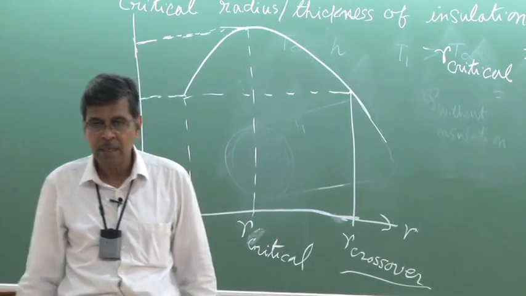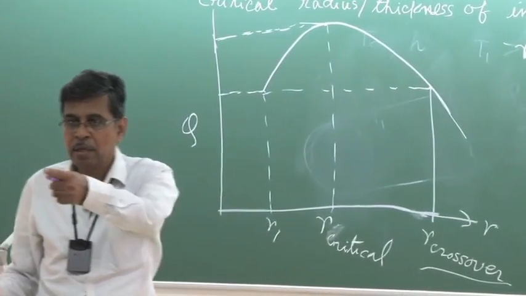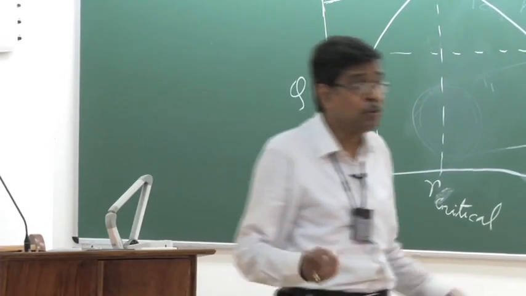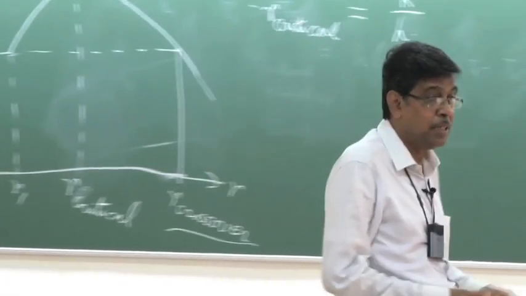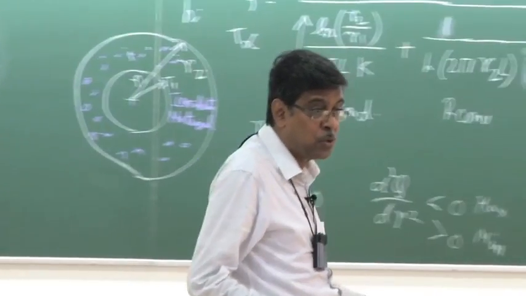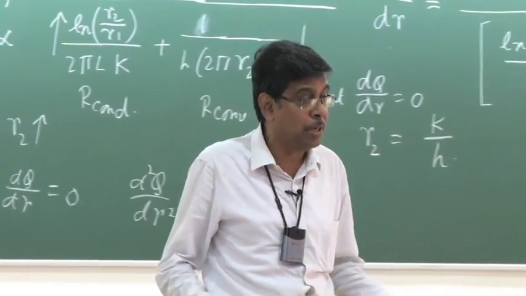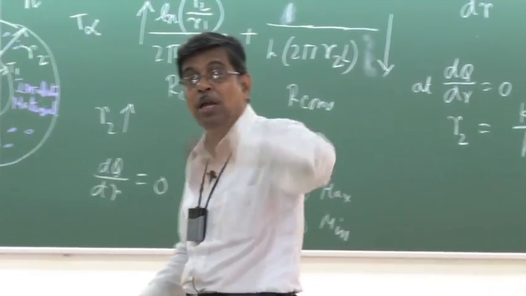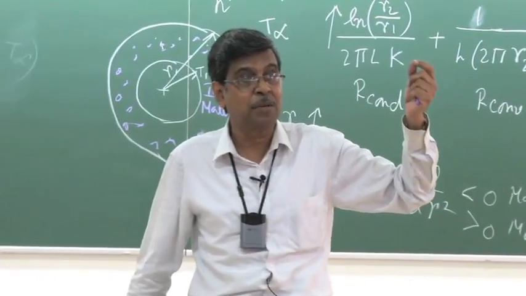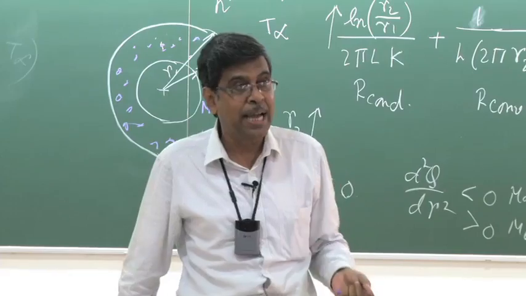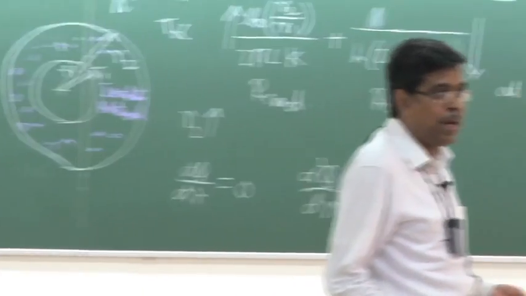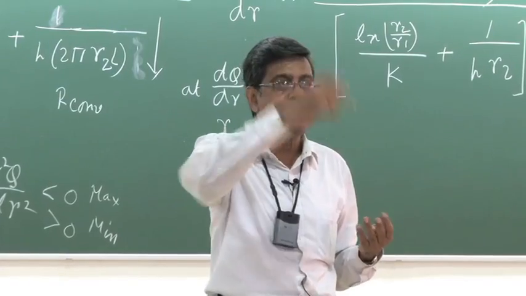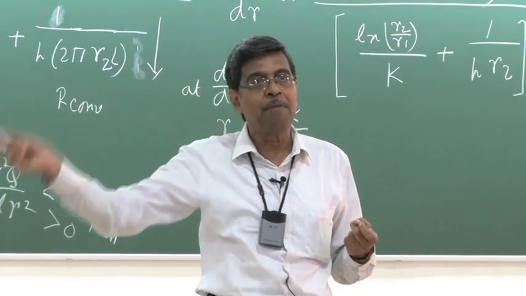Clear? But now the question is, this also came to our mind when we were students: why is the teacher not so bothered about the crossover radius, why does the book not tell anything about it, and only give the expression for critical thickness of insulation k by h, then stop there? But it is not k by h which is very important to me, because I know that at k by h it is maximum, then after k by h it falls.